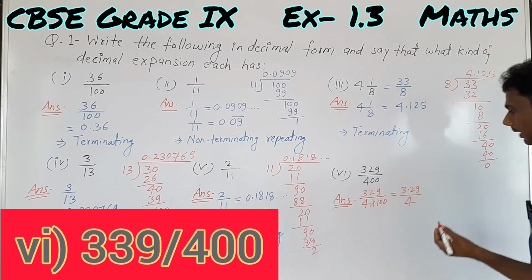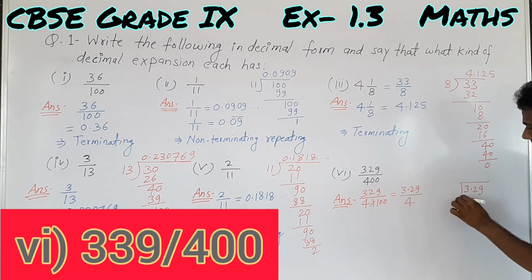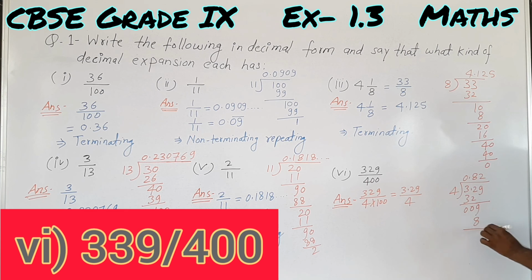Now you can easily divide. 3.29 divided by 4. 4 eights are 32. 0.8, then 4 ones are 4, 4 twos are 8, remainder 1, 0. 4 twos are 8, remainder 2, 20. 4 fives are 20. The remainder is 0.